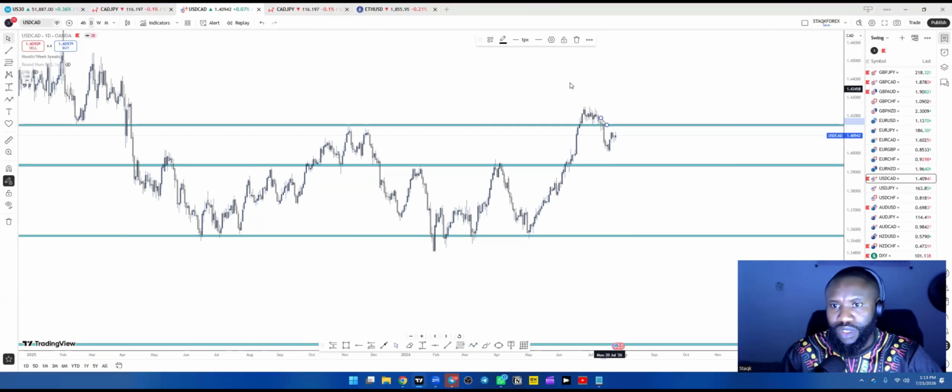As it is now, price broke this level, which is this support level. Remember, we have a touch here and here. If you look back, price broke this level, broke out, retested, and was supposed to move to the upper side, but it was unable to do that and it failed.